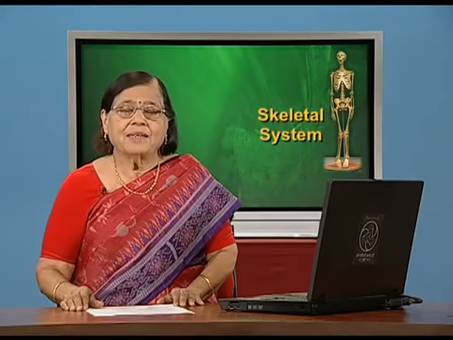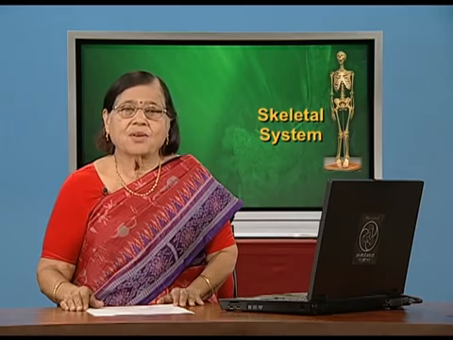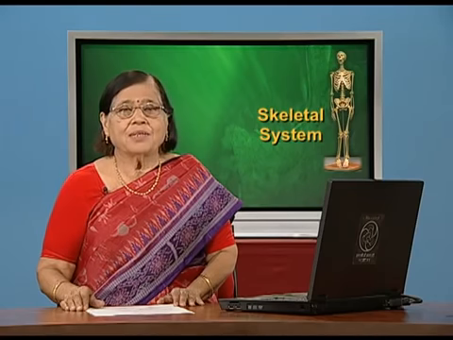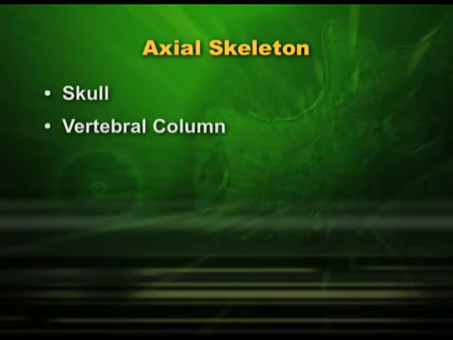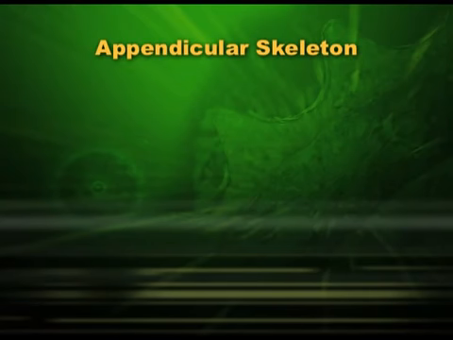Axial skeleton, which makes the axis of our body, includes the skull, vertebral column and the rib cage, and the appendicular skeleton will include the girdles and the limb bones.